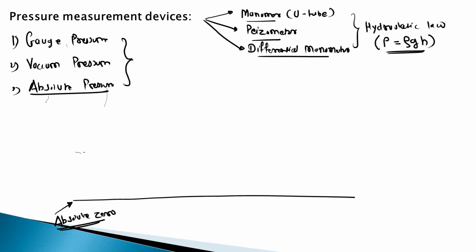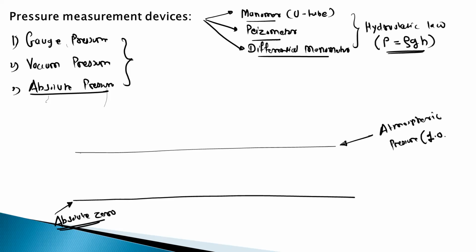Here somewhere we have a line, which is called the atmospheric pressure. And this line is 1.013 bar. So this is our atmospheric pressure.